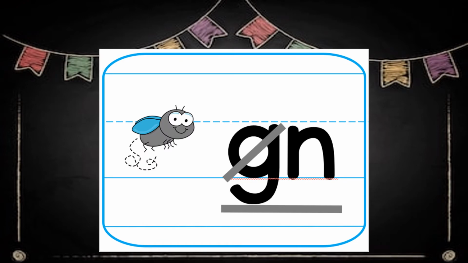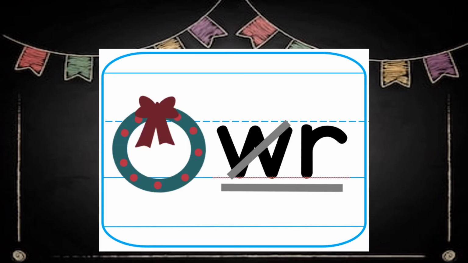When we see these letters, we're going to say ghost letter, digraph, G, N. And to remember what sound it makes, we have gnat, n. When we see these letters, we're going to say ghost letter, digraph, W, R. And to remember what sound it makes, we have wreath, r.